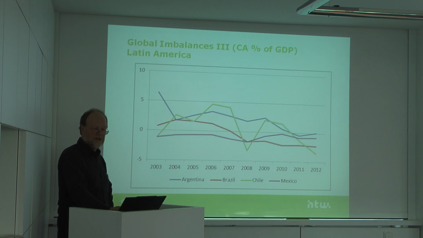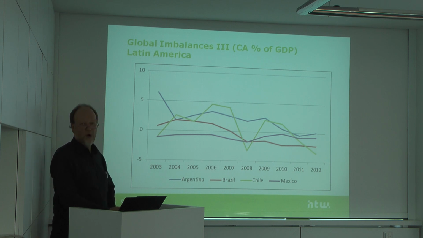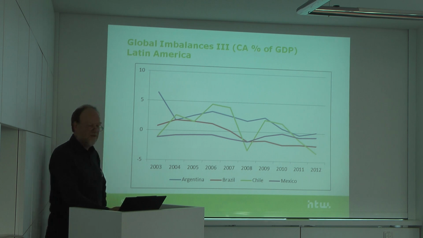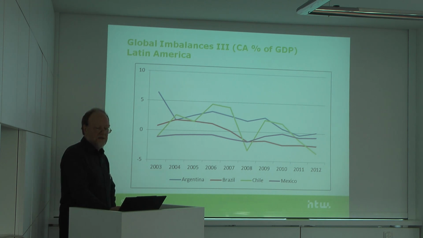Latin American countries, at the end we can see they are all more or less in a deficit position. That's smaller for Argentina, and bigger for countries like Brazil, Chile, but Latin America all over, at least the more important countries, they're all developing in the direction of a more or less clear deficit position.